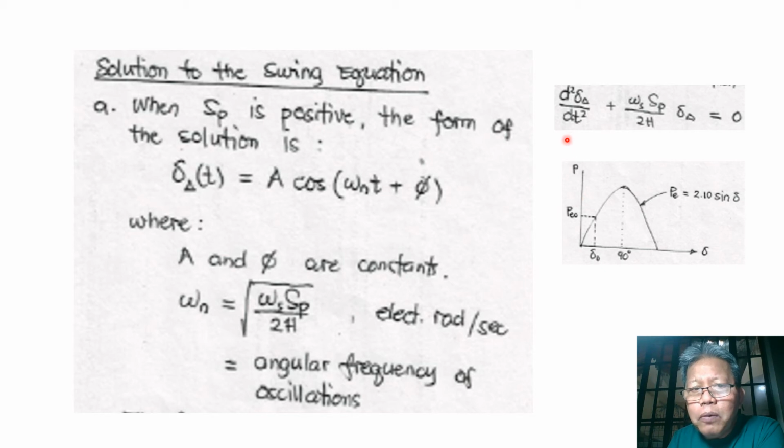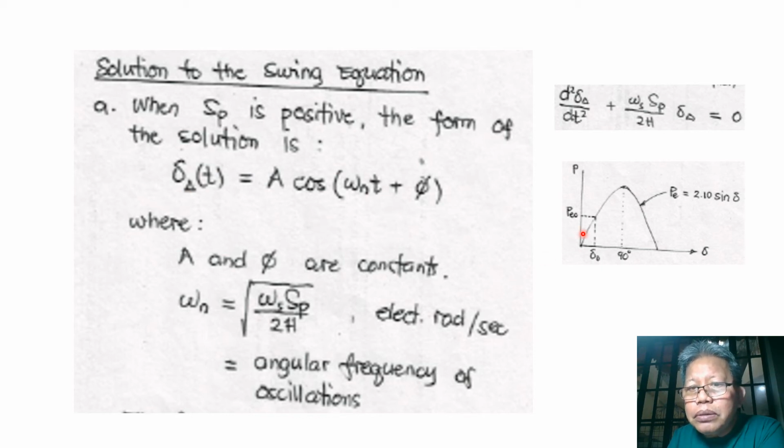When the roots are a complex pair, the form of our solution would be given by this. Our delta delta would just be a certain constant A times the cosine of omega n t plus a certain angular displacement phi, where omega n is equal to the square root of omega s SP over 2H, and this is our angular frequency of oscillation, where A, of course, is an arbitrary constant that will be determined depending on the initial condition of the system.